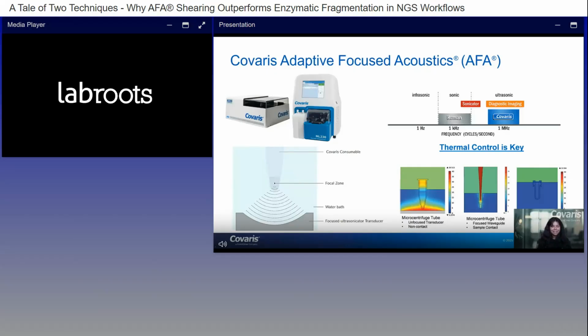This is not ideal, especially when you're working with sensitive or volatile biomolecules. You can compare this to the Covaris sonicated samples, which are not getting subjected to this gradient of heat. By precisely controlling the acoustic energy as well as the temperature of the water bath, Covaris is able to offer thermal control during sonication.